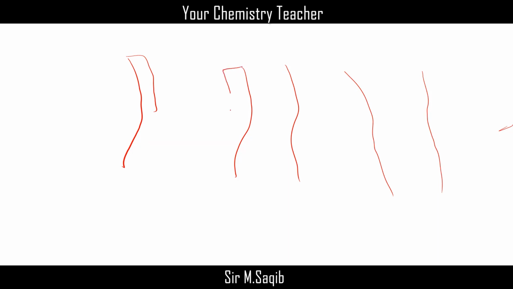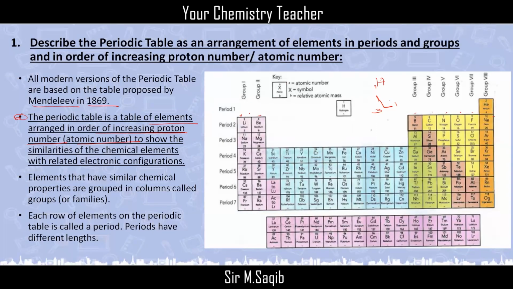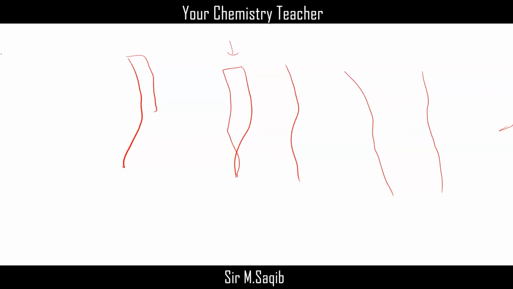These vertical columns are called groups or families. As you can see over here, this is group 1A. We have a total of 8 groups, from 1 to 8, and we write them in Roman numerals.